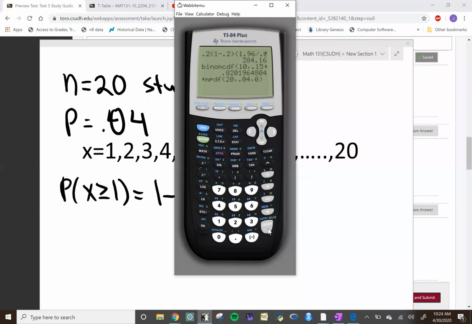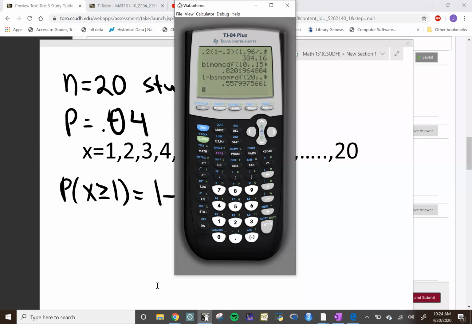You go to paste, and you go to enter, and that's your answer. Because I'm doing 1 minus binomial PDF, which is 0.5579, which again will round to 0.56. But that's it for 9. Any question in regard to 9?